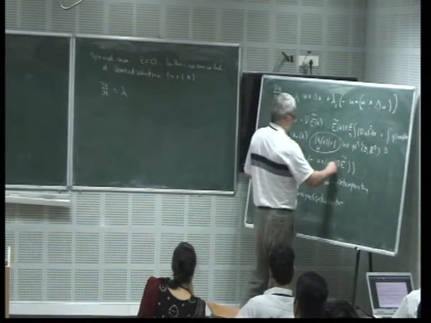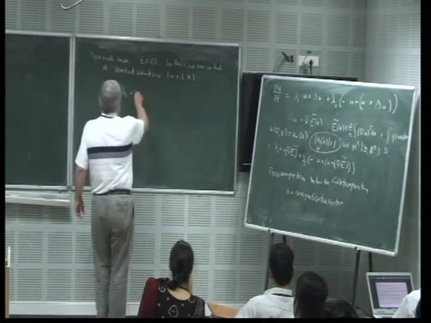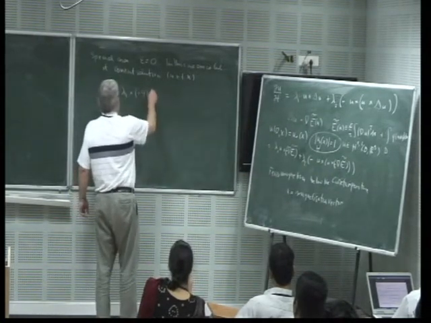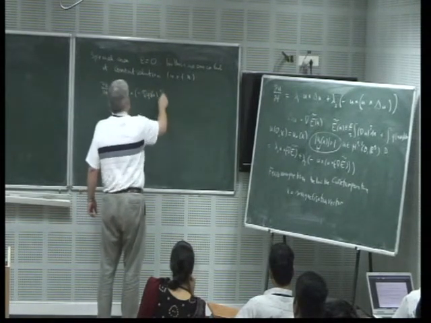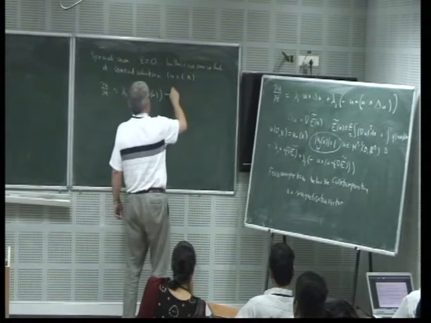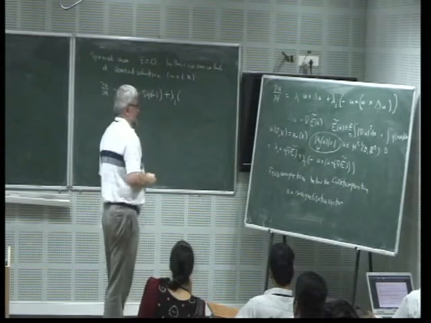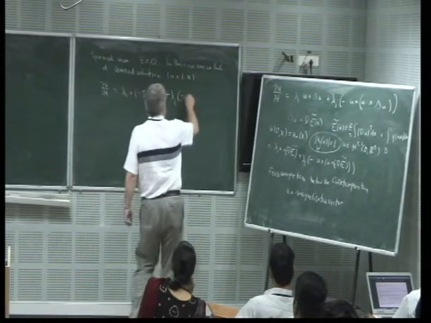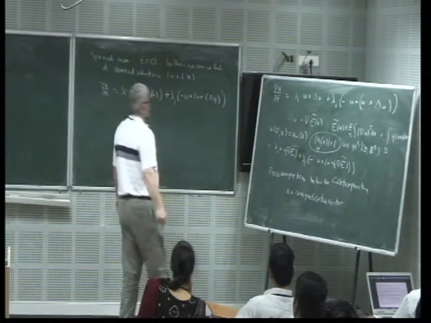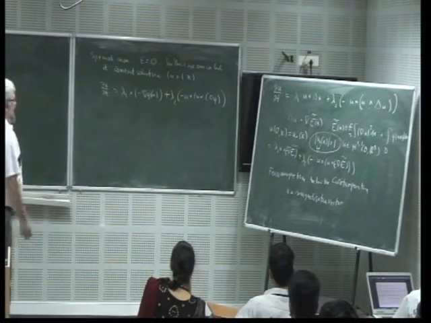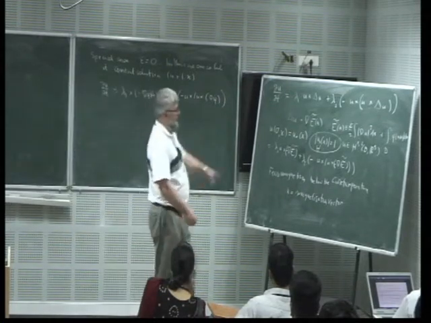Yes, it is minus gradient. So it will be u cross minus phi prime of u, minus gradient phi, plus lambda 2 minus u cross gradient phi.